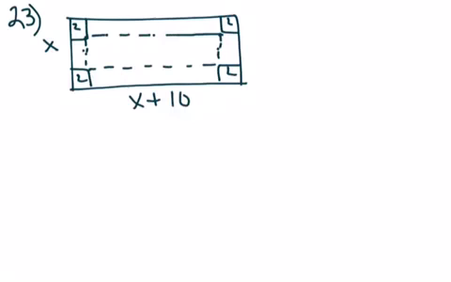And it may help you to take a piece of paper and cut the four corners out and fold it up to see what we're talking about, if you struggle with seeing what we're doing. But anyway, it says the volume of the box is 832 inches cubed. What were the original dimensions of the piece of metal?